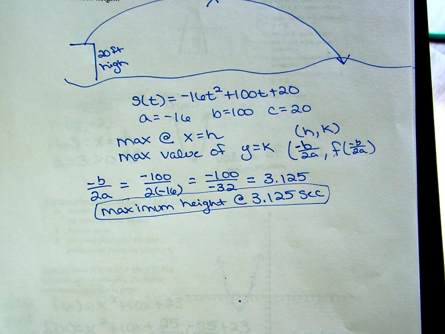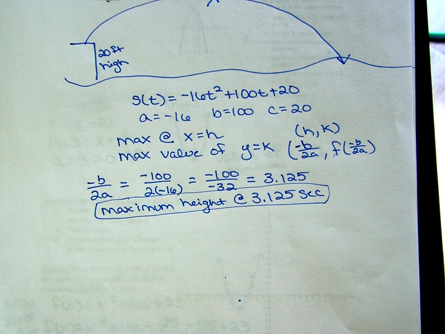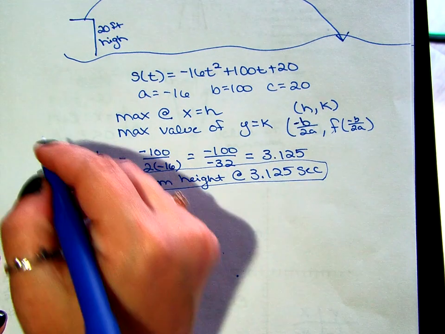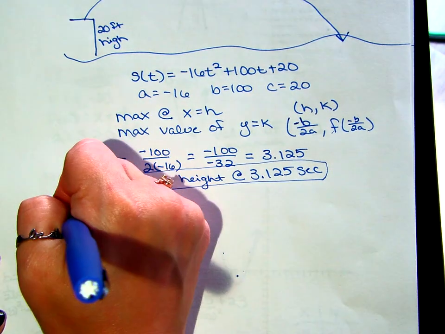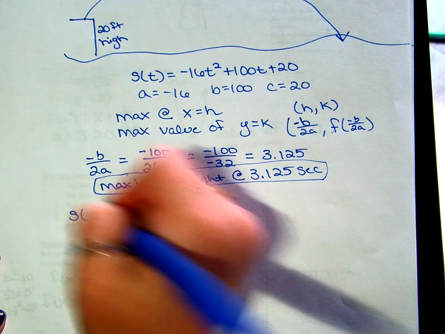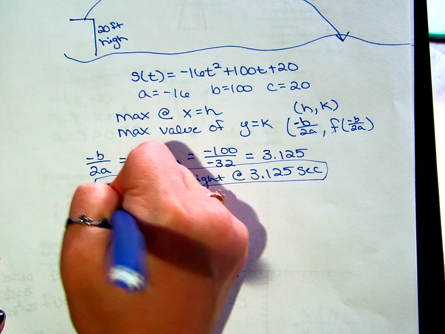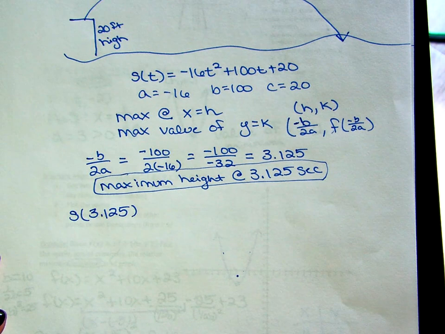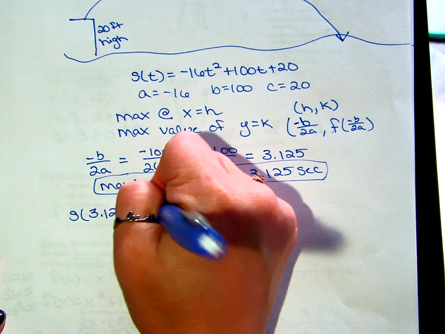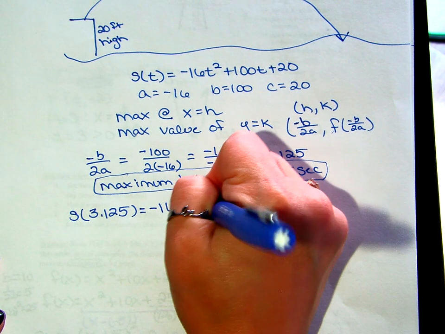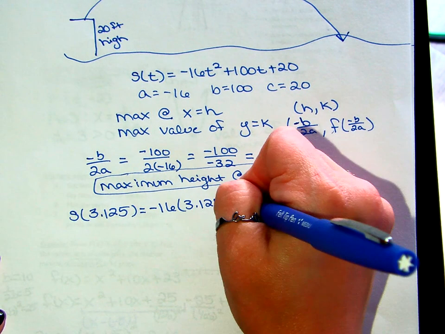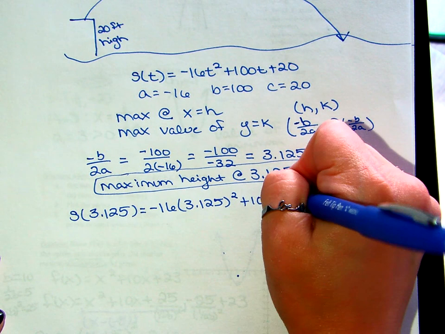Then in order for me to find out what that maximum height is, I need to plug that into our function. I'm going to call it s of 3.125 just because they gave it to us as s of t. That'll give me negative 16 times 3.125 squared plus 100 times 3.125 plus 20.